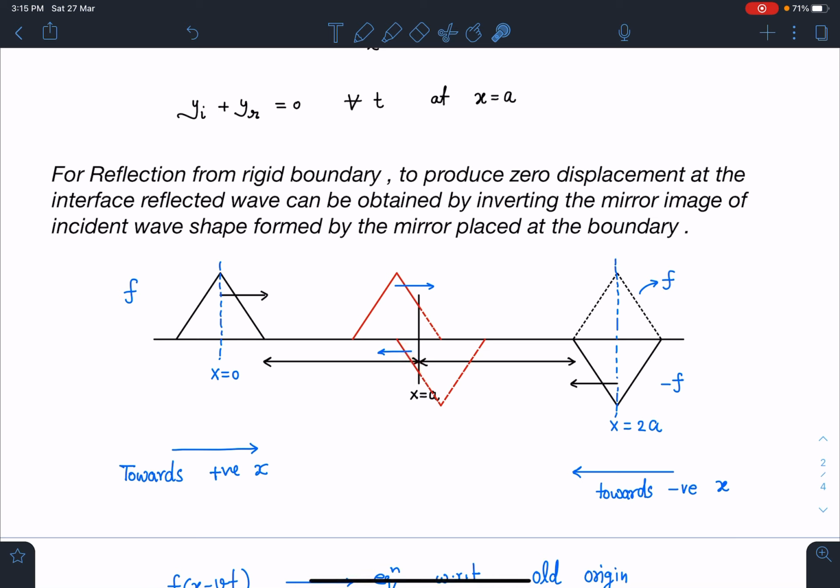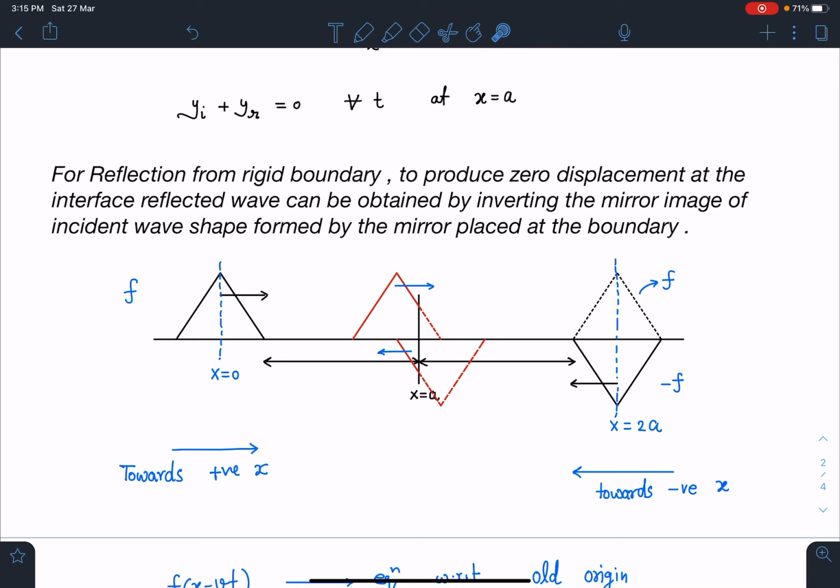The reason being, the displacement from the incident wave is this, and the displacement from the reflected wave is this, and these two must cancel each other in such a way that the sum is zero, right? Because this particle cannot move.